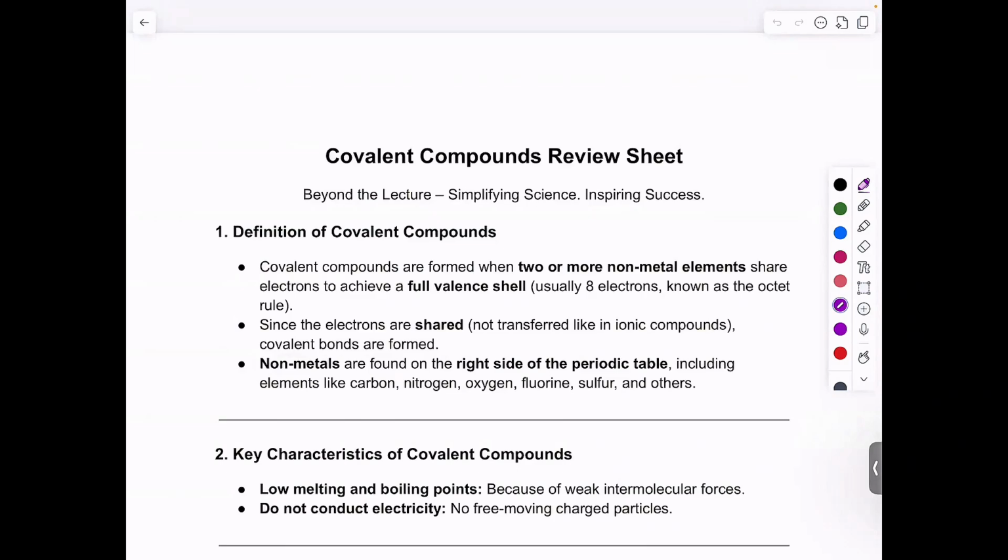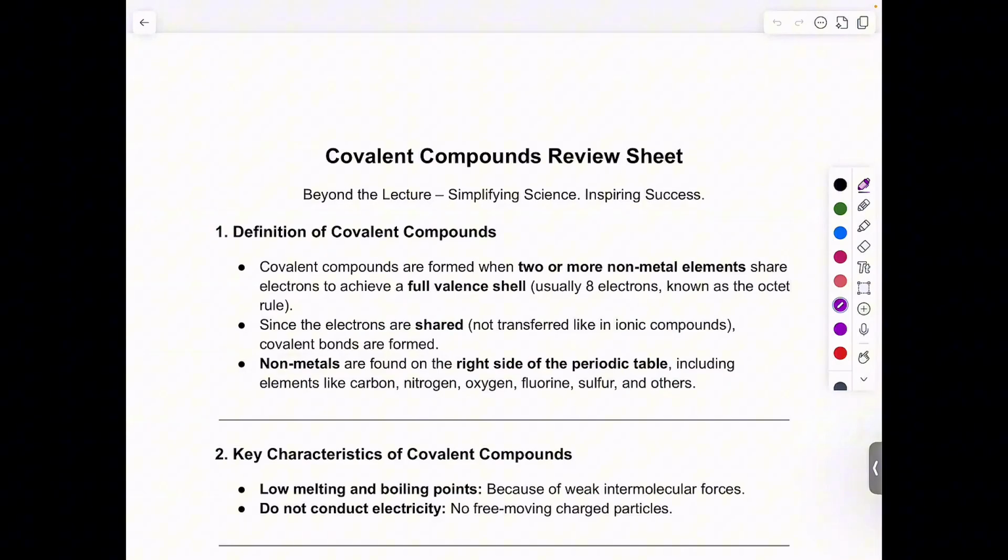So we're going to dive into the second section of compounds here. They're called covalent, and I already gave you a heads up in the previous video that these compounds are largely non-metals. They are the elements in the upper right hand corner of the periodic table. There aren't that many, maybe a dozen or so, if that.